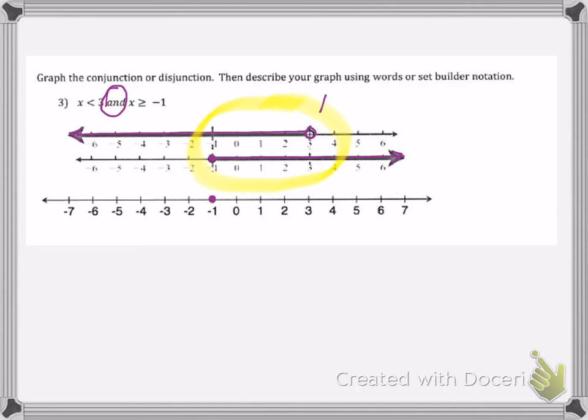But when you get to the other boundary of 3, the problem is one of the graphs has a hole in it, the top one. It's not equal to 3, but the bottom one is. So because they both have to have it, we can only use an open circle at 3. And then shading should go in between. And you'll notice that I put my final graph on the number line. That's also okay, or you can have it floating above.